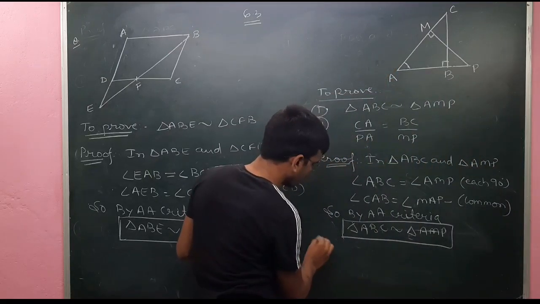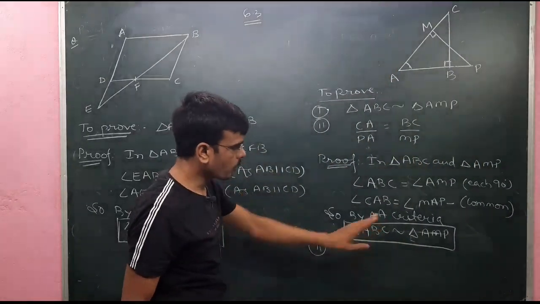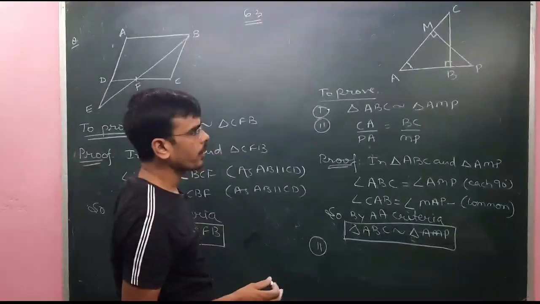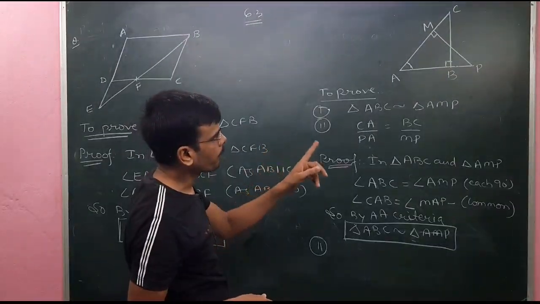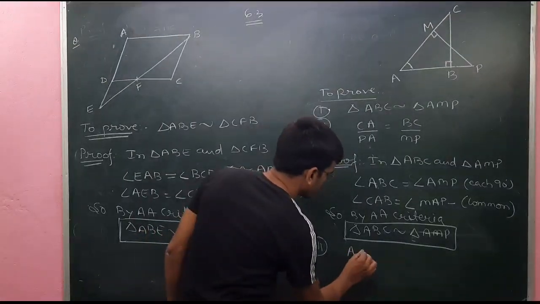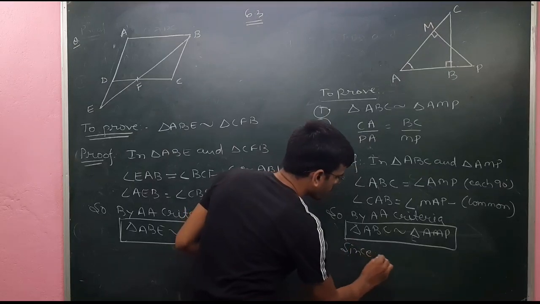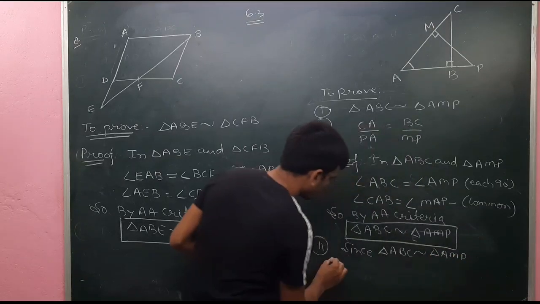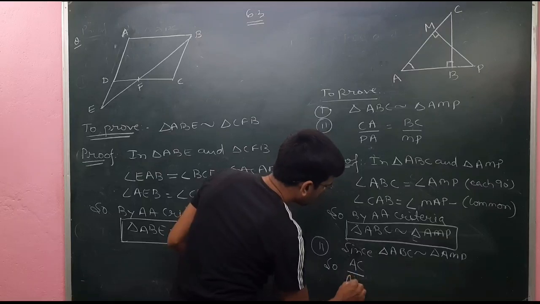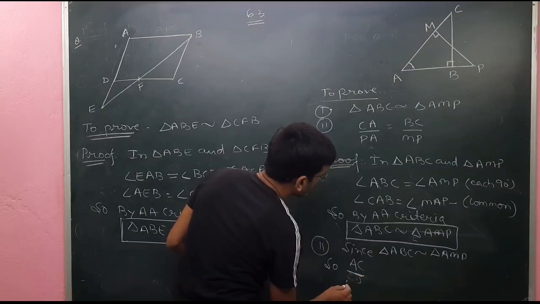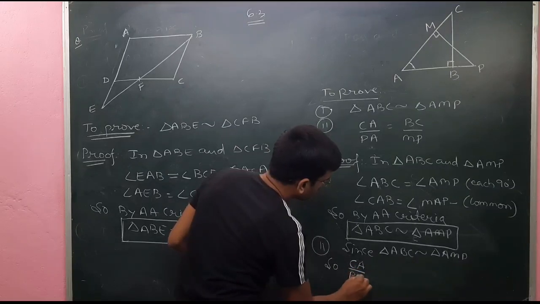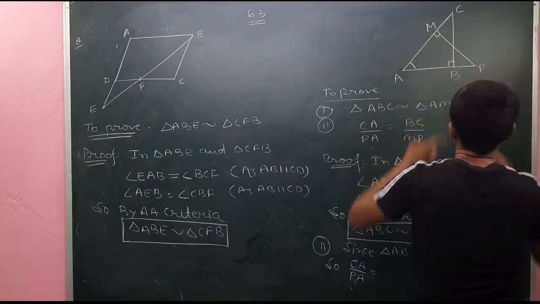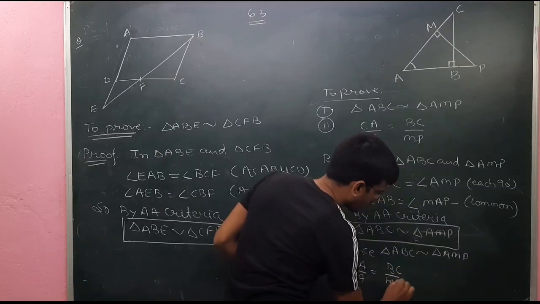Since triangle ABC is similar to triangle AMP, you can write like this: CA upon PA is equal to BC upon MP.